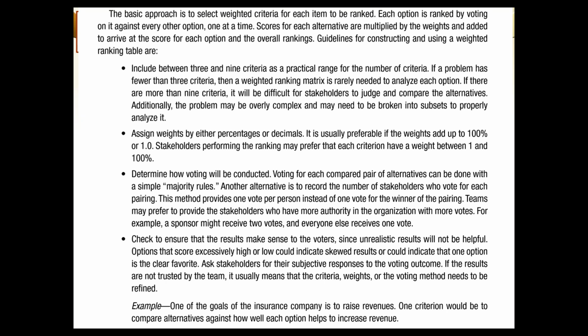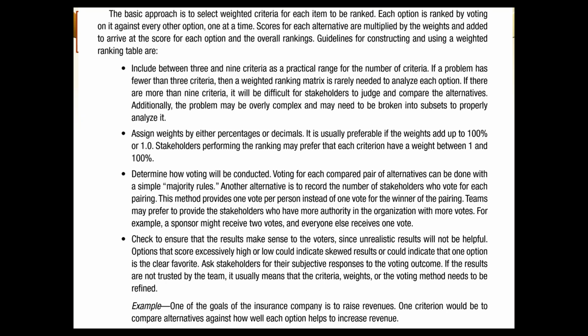And 3 points in the fifth factor. Total comes out to be 6, 6, 12, plus 8, 20, plus 5, 25, plus 3, 28. So the first option score was 24. The second option score is 28. So in this case, the second option wins.